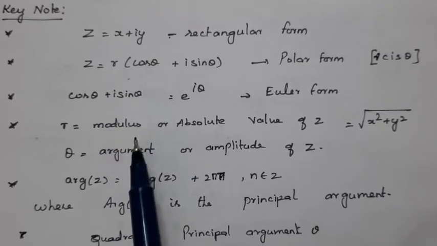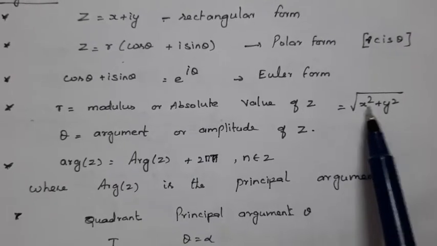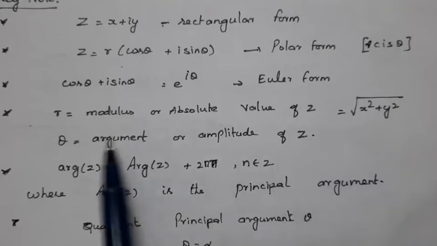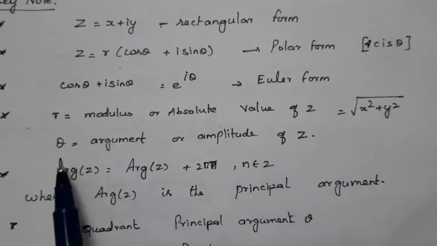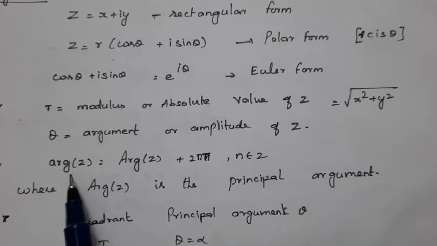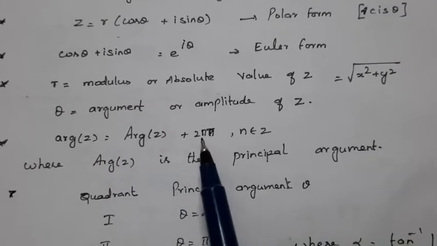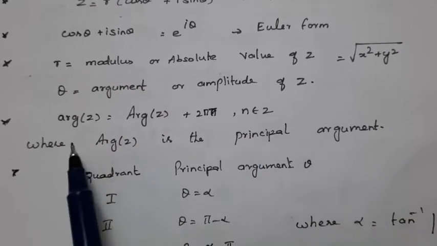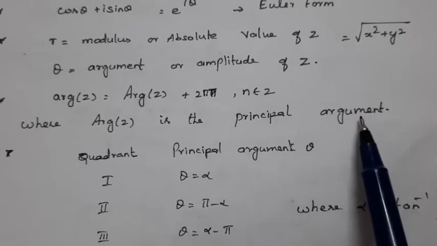Then r is called the modulus or absolute value of z, and it is obtained by taking the square root of x square plus y square. And theta is called the argument or amplitude of z. This argument is obtained by the formula: argument of z is equal to capital A argument of z plus 2n pi, where n belongs to integers, and capital A argument of z is called the principal argument.